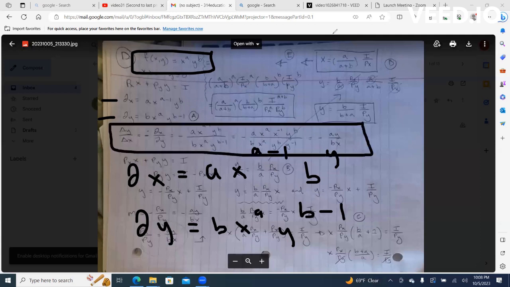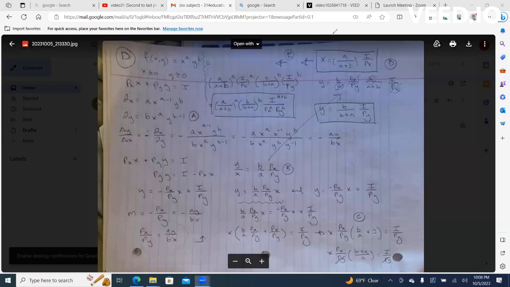Step 2, of course, all Cobb-Douglas follow the same rules. We don't have to know what we're doing anymore. We just have to follow the procedure. We plug into our slope formula. I've done all the work there, so we don't really have to repeat it. You could say delta y over delta x, or we could just say m, the slope of all contour lines, equals negative partial of x over partial of y.